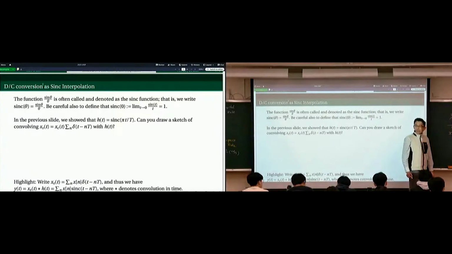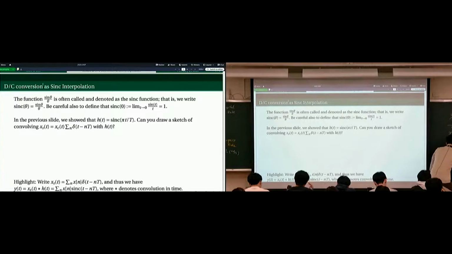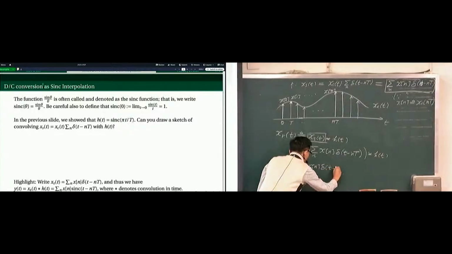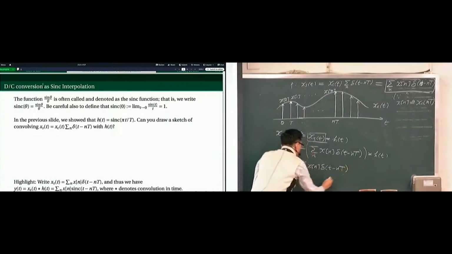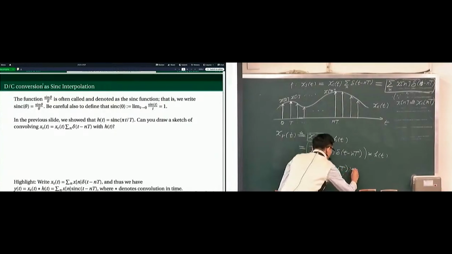And we can do that because convolution is linear. Because convolution is linear, we can put h inside. So we have x[n] delta of t minus n times the period, convolved with h of t.